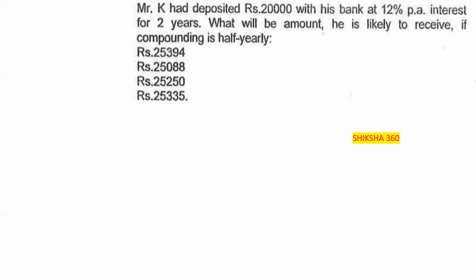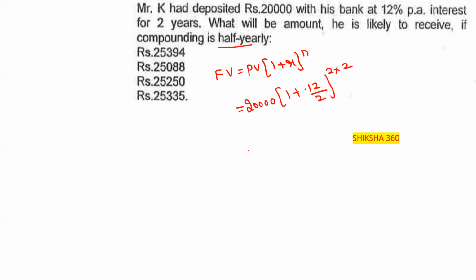So for the future value, present value 20,000 into (1 plus 0.12). It is half yearly, so the rate is divided by 2 and the time is multiplied by 2. So 20,000 into (1 plus 0.06) power 4.